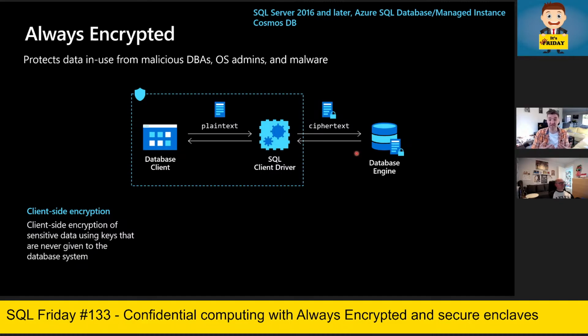It's going to be this client driver again that is going to do the decryption, and it will show you the information in plain text inside the application. So once again, client application is considered as trusted, database engine and everybody else that is outside the application is considered as non-trusted. So it's really the client driver that is doing all the work here on the client side.